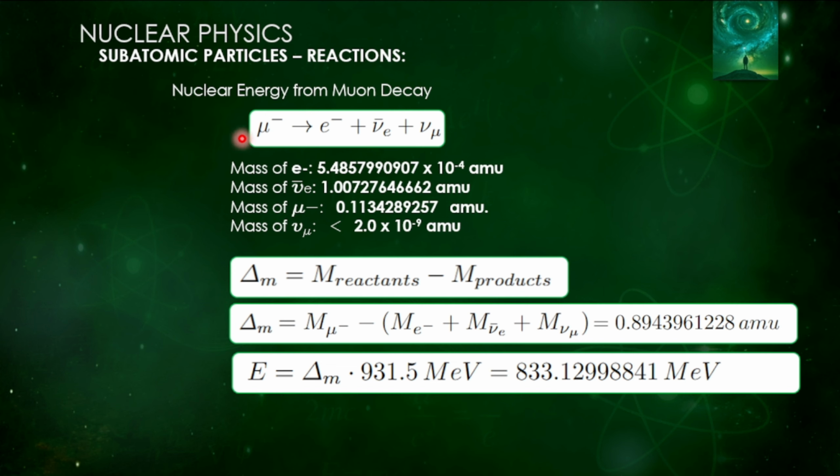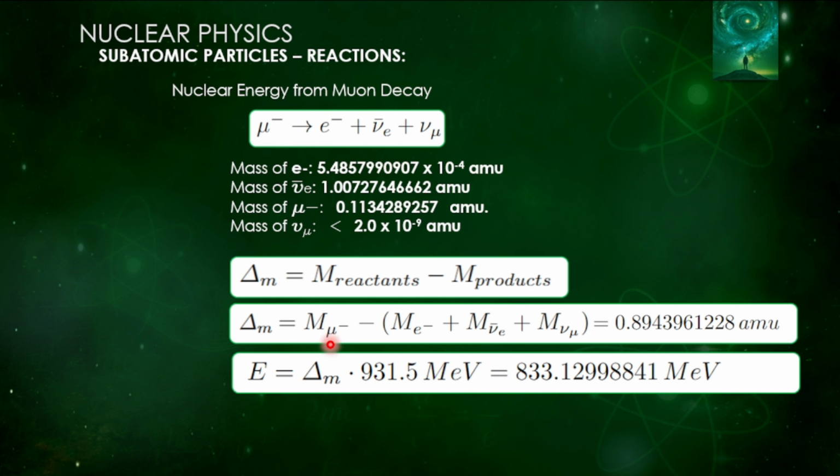Muon decay: the muon decays into a negatron plus antineutrino plus nu mu, which is the muon neutrino. We also list the different masses in atomic mass units for the different particles, and you are free to run the numbers yourself.